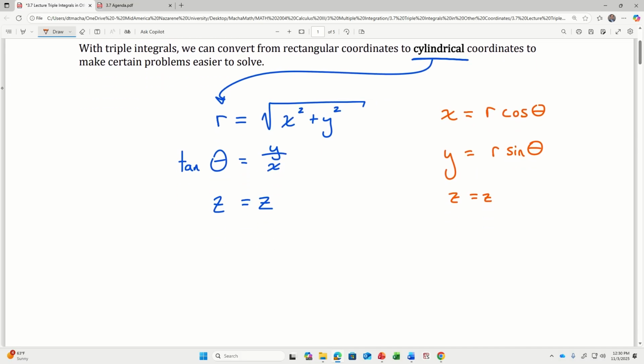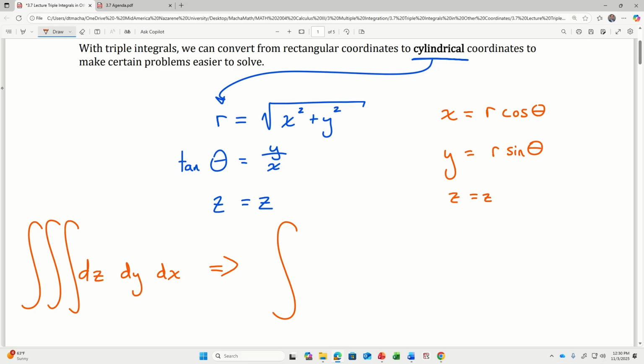The other thing you really need to know about cylindrical coordinates is that the dz, dy, dx part that we normally get in rectangular coordinates is going to be r dr d theta dz.